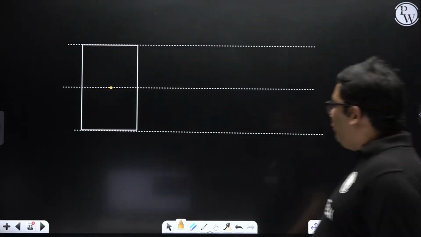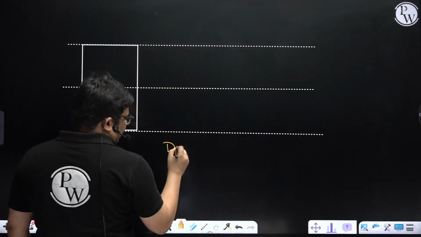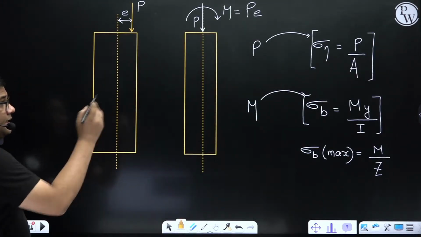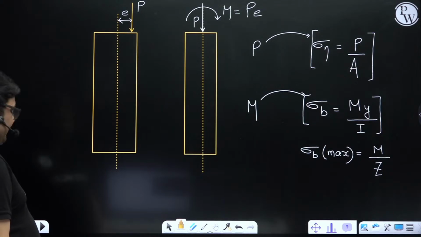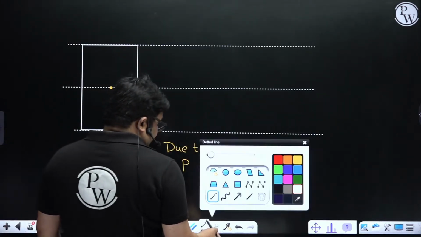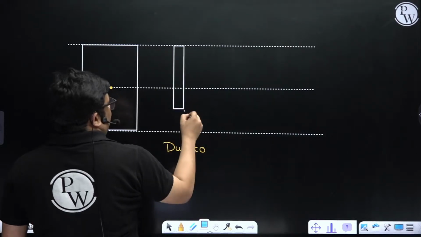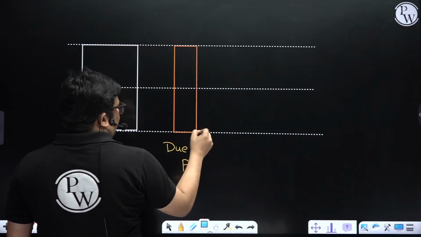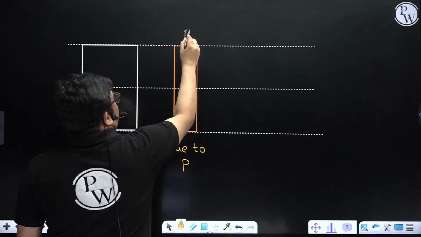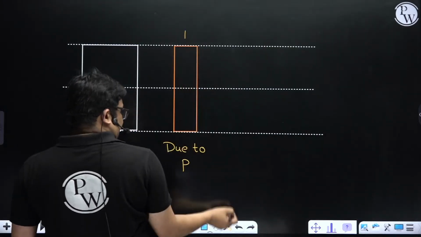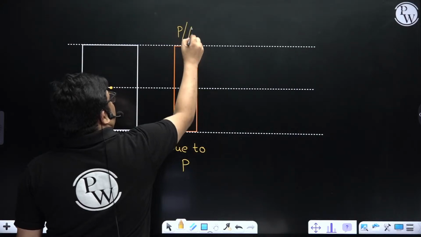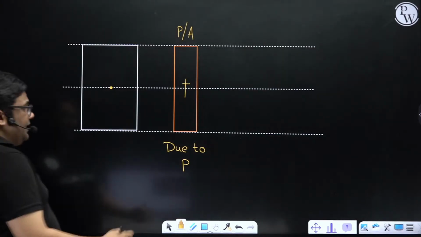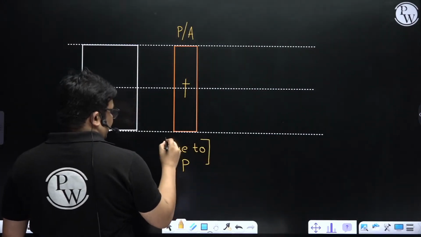Due to P, which is a compressive load, the stress will be entirely compressive. So P by A, I will get a uniform stress like this. Suppose I am taking compressive as positive. So due to P, I am getting this normal stress P by A.